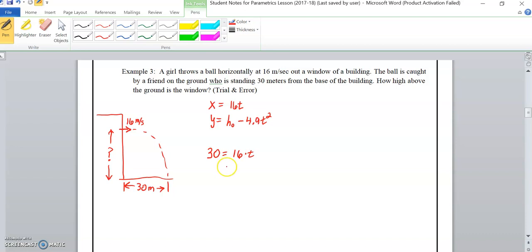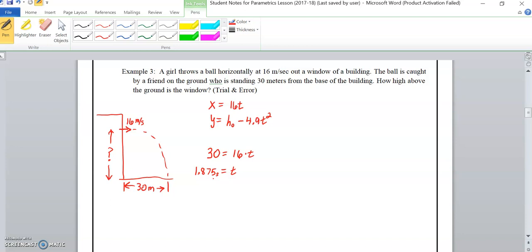So we should be able to use the x equation to find t. And get the exact here. So after 1 7/8 seconds, we've landed at 30 meters.